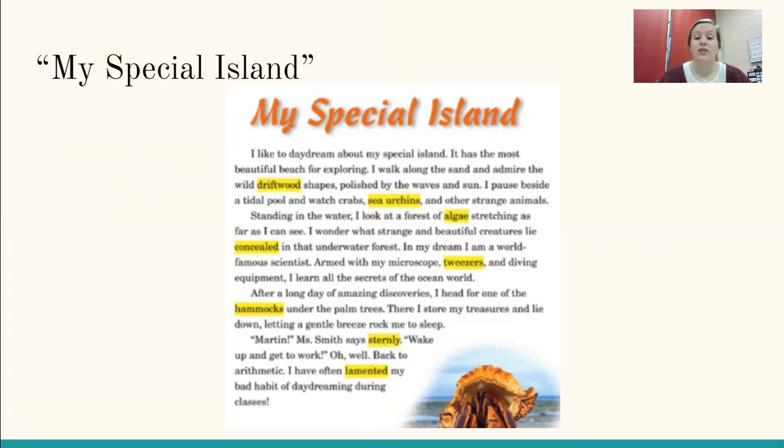I learn all the secrets of the ocean world. After a long day of amazing discoveries, I head for one of the hammocks under the palm trees. There I store my treasures and lie down, letting a gentle breeze rock me to sleep. Martin, Miss Smith says sternly, wake up and get back to work. Oh well, back to arithmetic. I have often lamented my bad habit of daydreaming during classes.